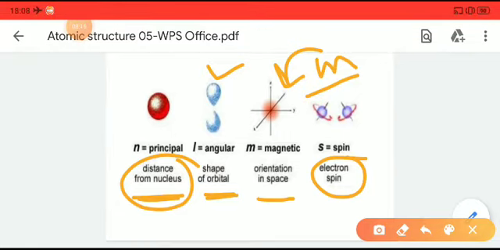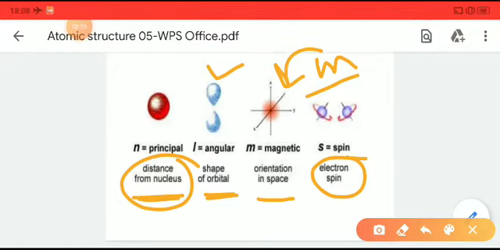We will discuss it further in the next class. So that's it for today. We have discussed the Schrodinger equation, the parts of the Schrodinger equation, and how we get the four quantum numbers.